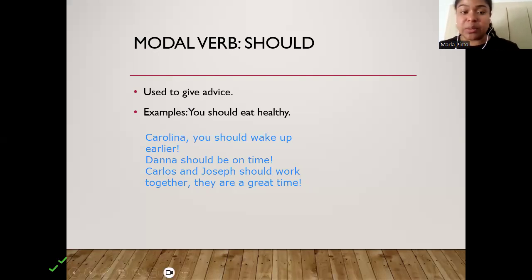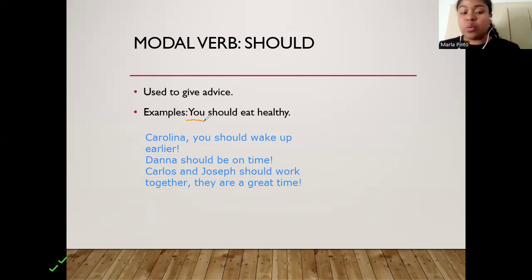We got some examples that we were talking about before, some very important examples, and let's now see how to use it. What way do we know to make sure that you are using "should" properly?